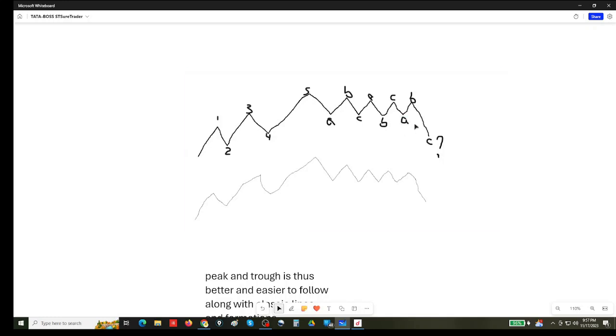Whether you stick to the traditional ABC or the Neo Elliott wave, which is going out to H or even I, there really is no point in doing that, because if you look at this upper chart here, it's much simpler to just draw trend lines instead.